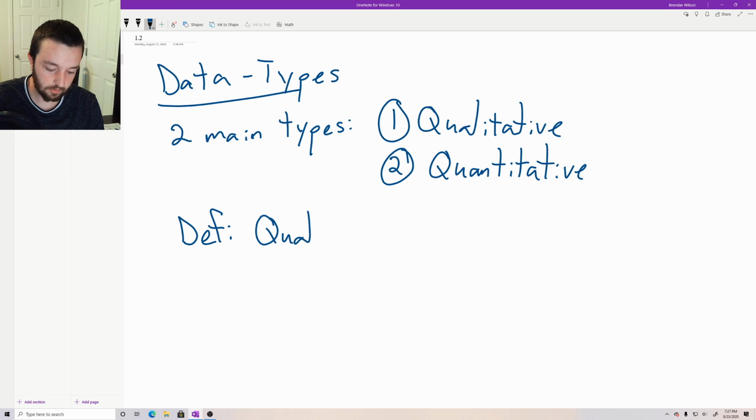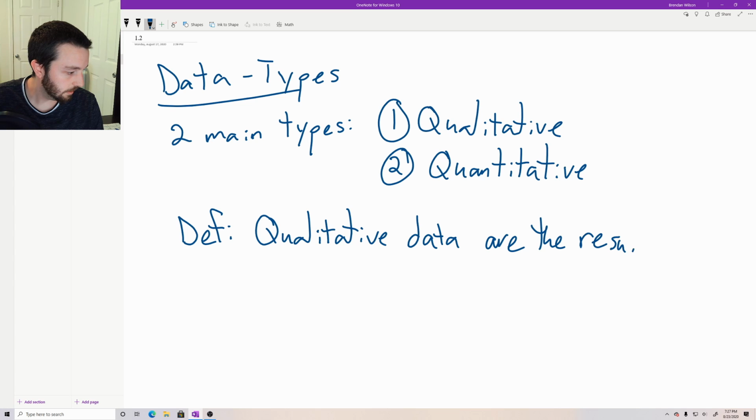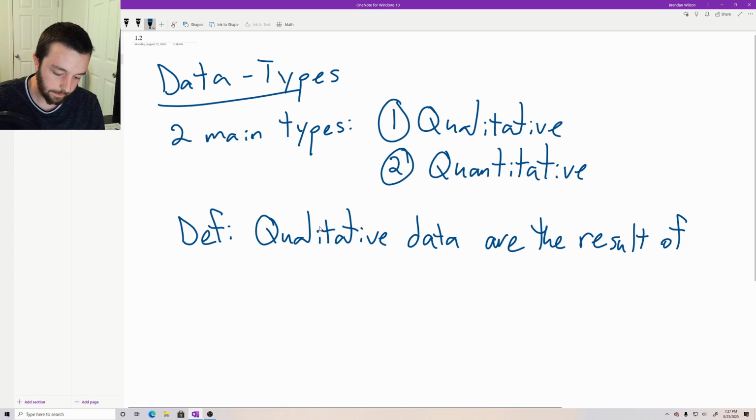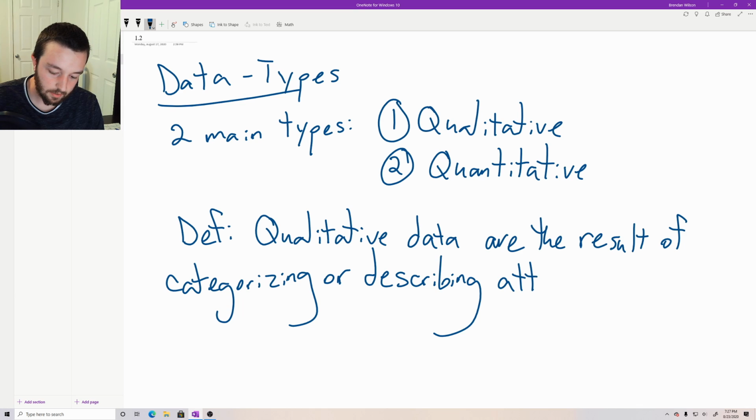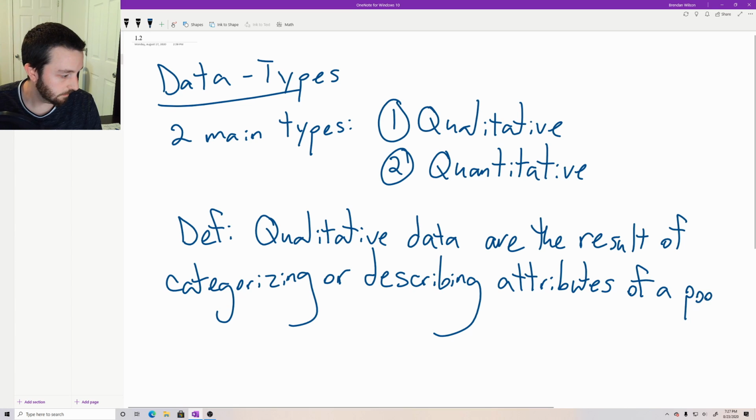So qualitative data are the result of categorizing or describing attributes of a population. The keyword here is attributes.